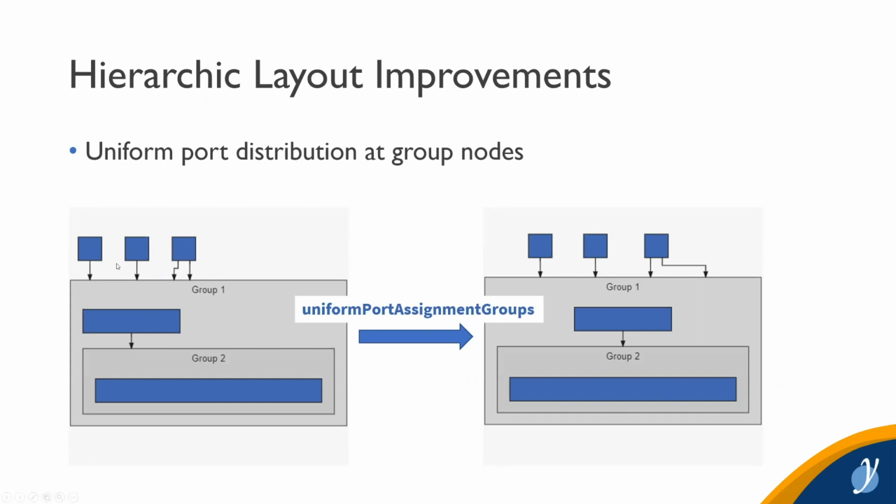So whereas before it could happen that you get a result like this, we got the feedback from our users who wanted to get a more symmetric layout result. And even though this could result in a perceived waste of space, it leads to a more balanced visualization. So that's the uniform port distribution that we have now for group nodes. It's an optional feature that you can enable if you like it.